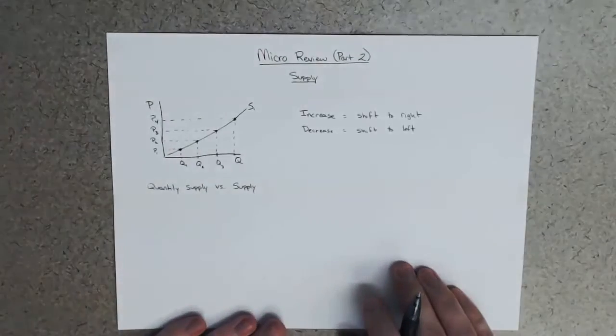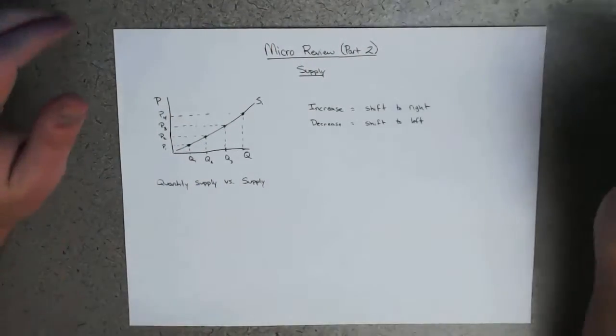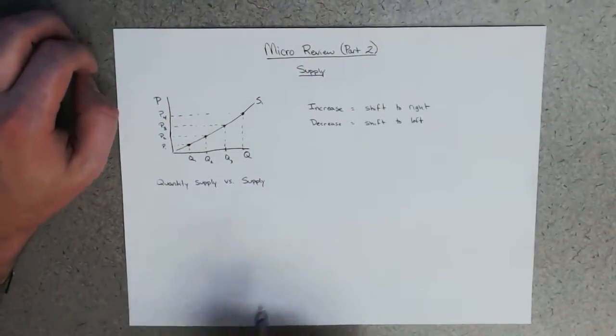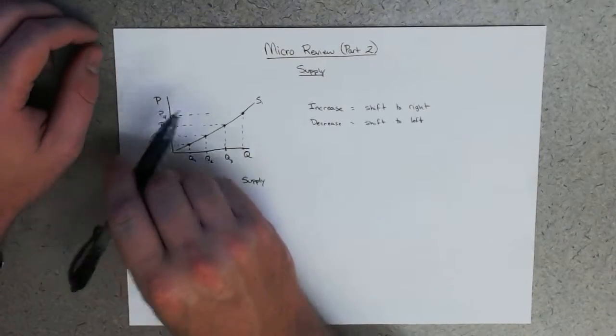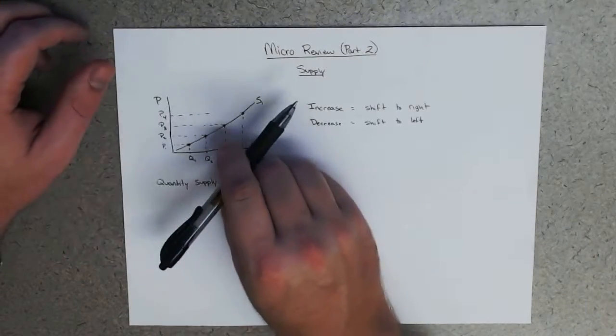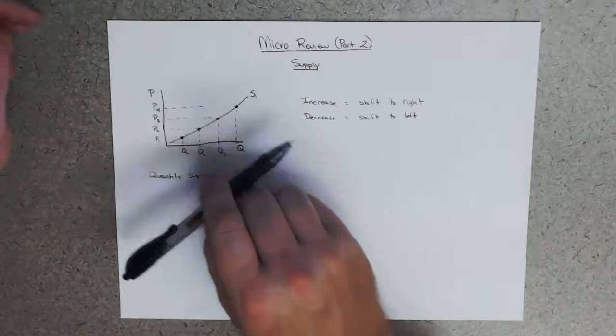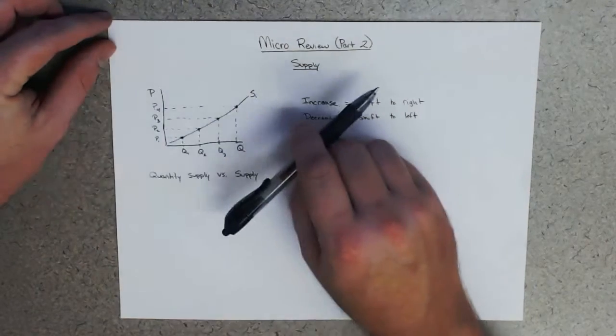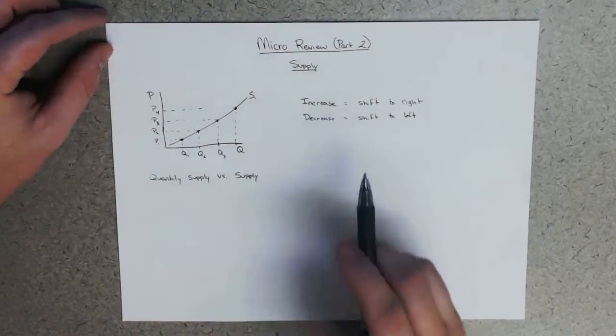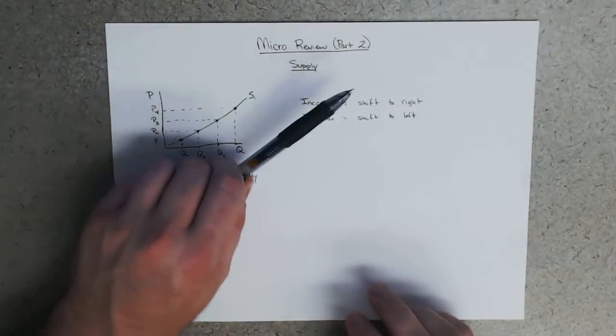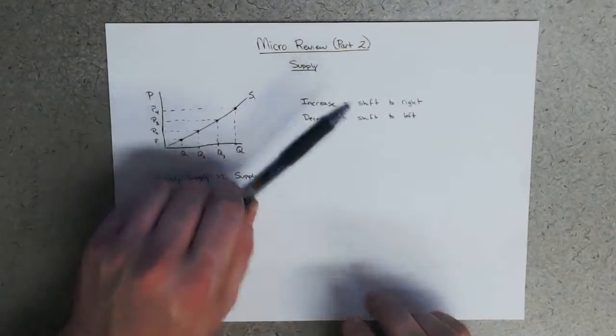So remember, in economics, at least at this point, everything we're doing is going left or right. We're not going up, we're not going down, not going diagonal, right? We're going left or right. So decrease, increase, decrease, increase, okay?